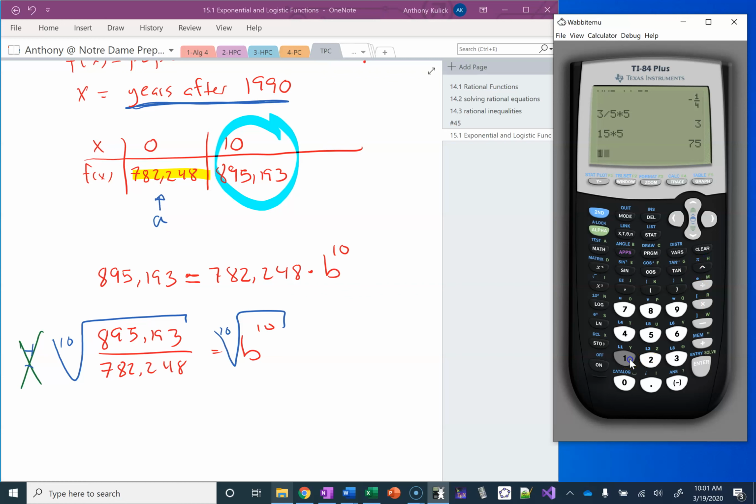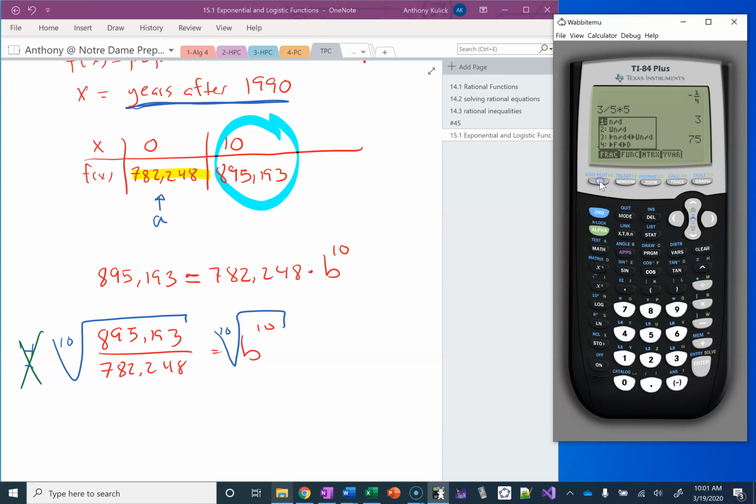So the first thing I'm going to do is type the 10 for the 10th root, and then I'm going to press the math button and select option 5 that allows me to choose the kind of root that I'm going to make. And because the 10 was already there, it just sucked it up into the index of my radical. Notice that's not a coefficient anymore. It's written as a superscript. And then I'm going to type the fraction in there.